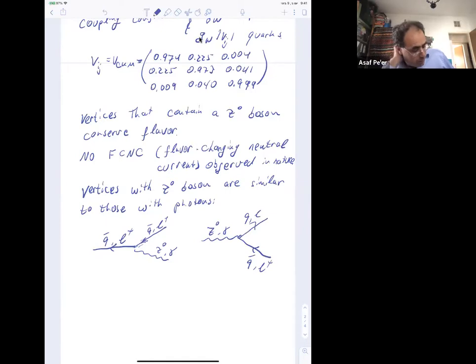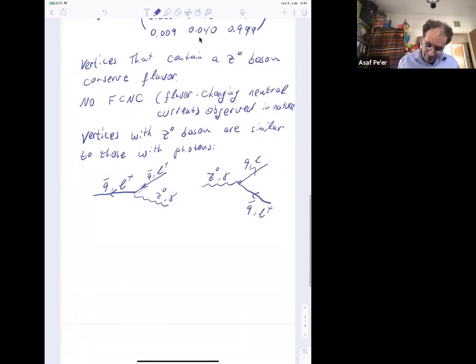For the neutrinos, we don't see interaction via photons. They only interact via the weak interaction. So for neutrinos, we have the anti-neutrino. What did I do?